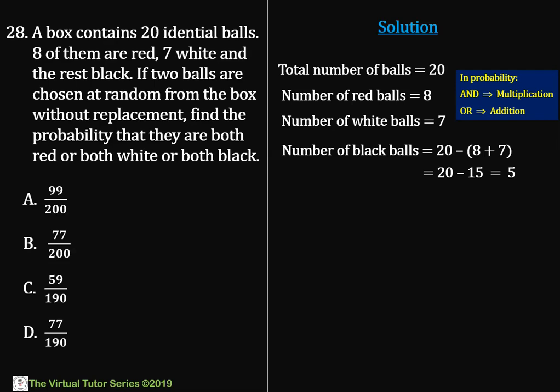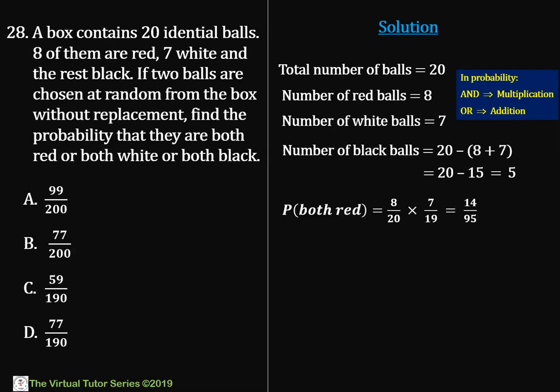As said earlier, "and" in probability means multiplication. So the probability that both of the balls are red is 8 over 20 times 7 over 19, which is 14 over 95.